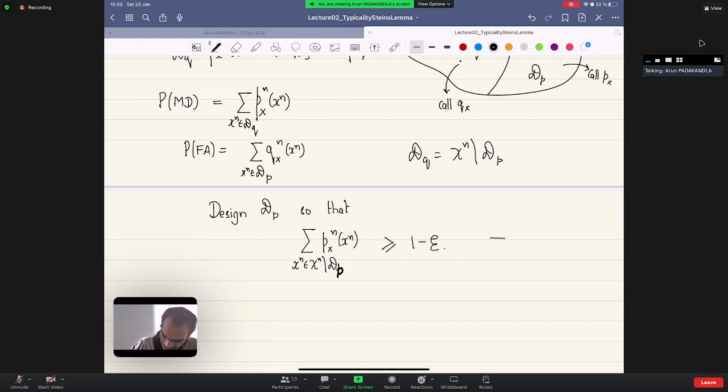This is a constraint: the probability that under a fire, I fall in a set which I don't call fire.